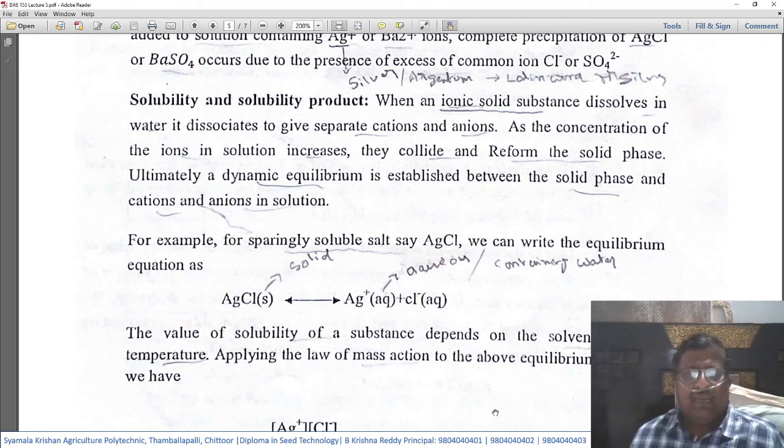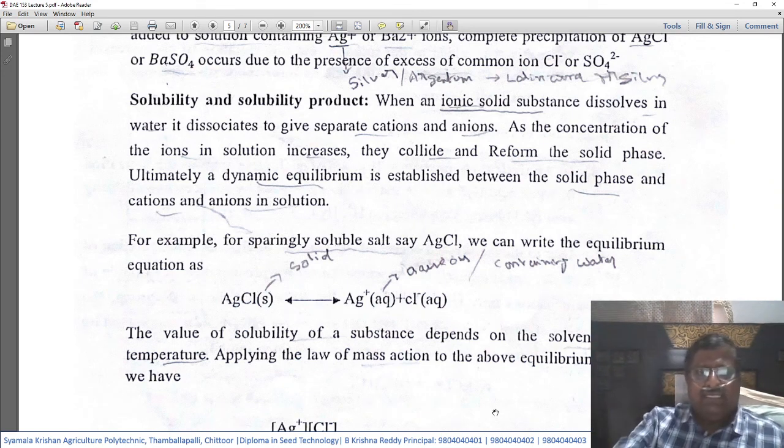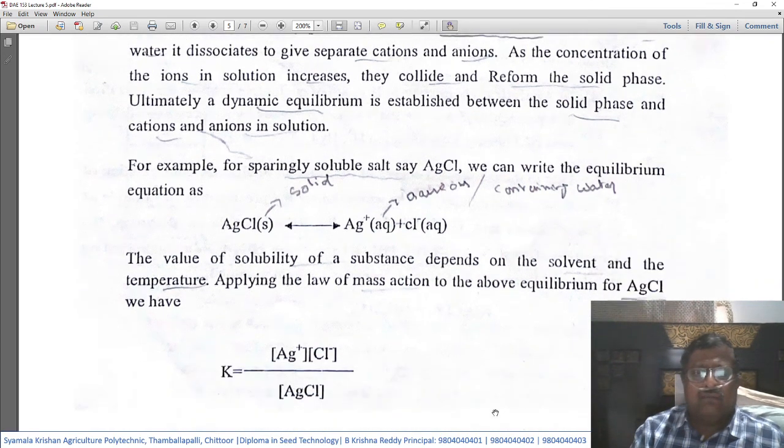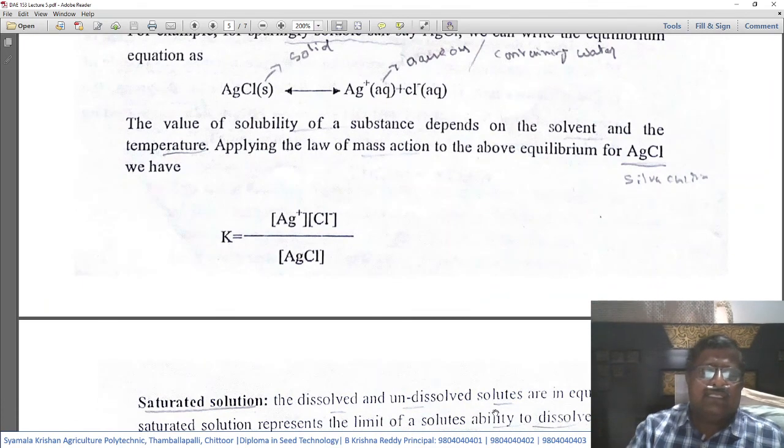Applying the law of mass action to the above equation: if the concentration increases, the process of ionization also increases. So, for the silver chloride example, if we apply the law of mass action, then it looks like this. K is a constant.